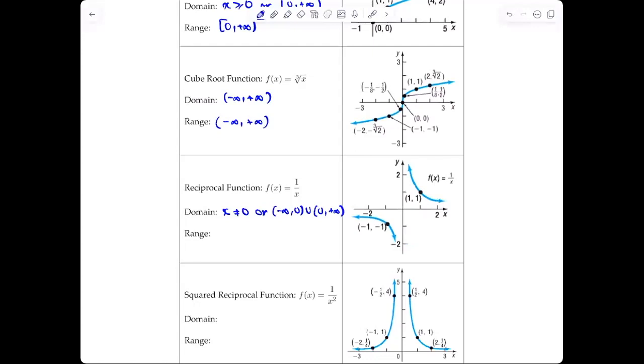For the range, again, depends on the functions. You can have a different range. In this particular case, the range is from negative infinity to 0, union with 0 to positive infinity.